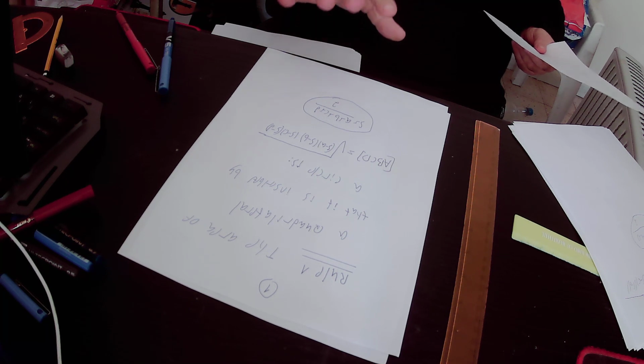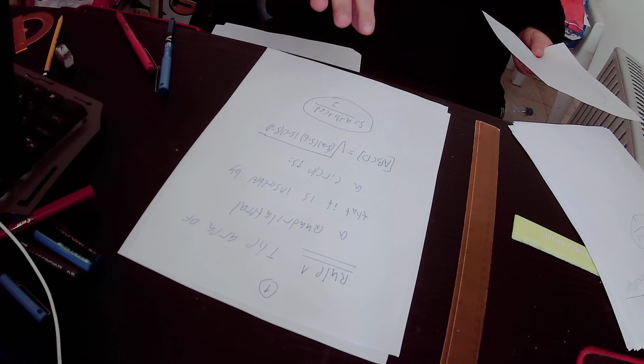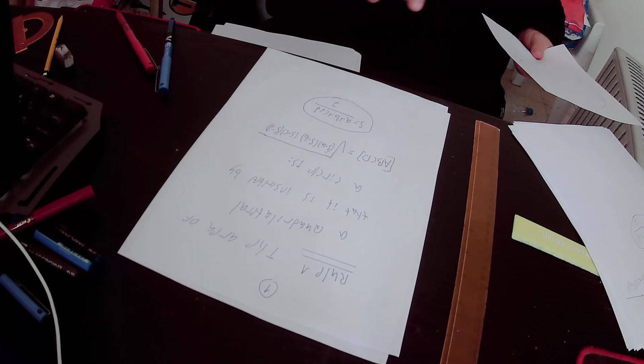Okay, so that is the area of any quadrilateral that is cyclic, that is to say it can be blocked by a circle, or is inscribed by a circle. We can calculate its area according to this formula.